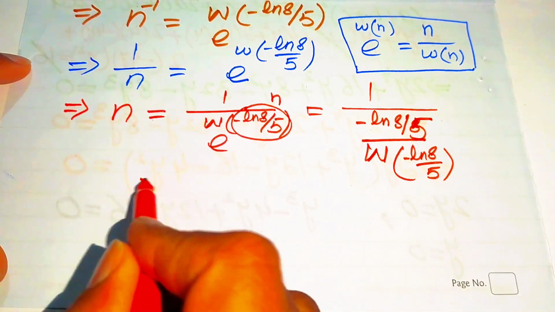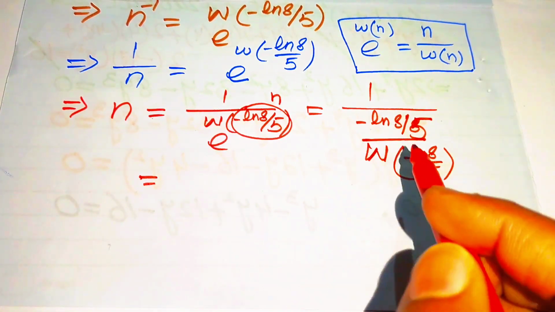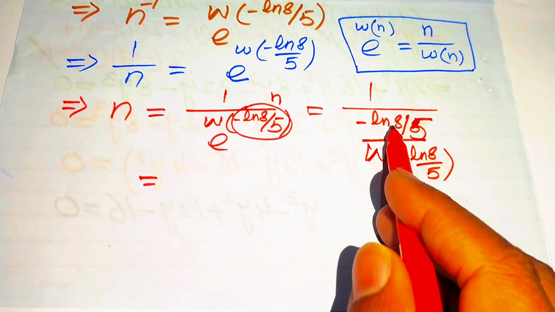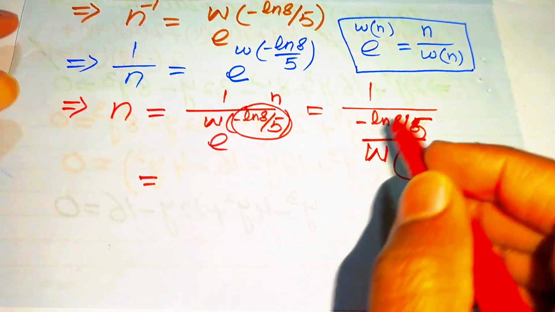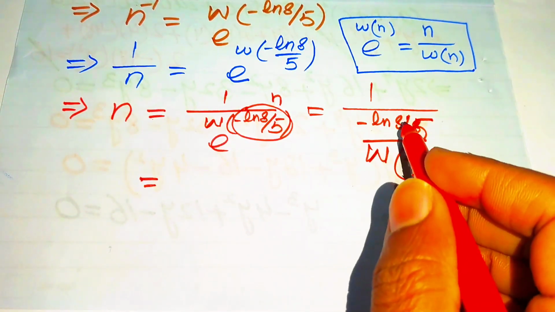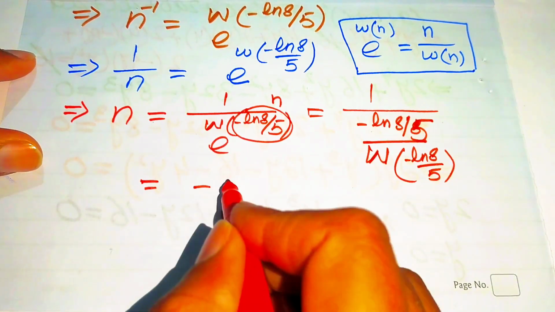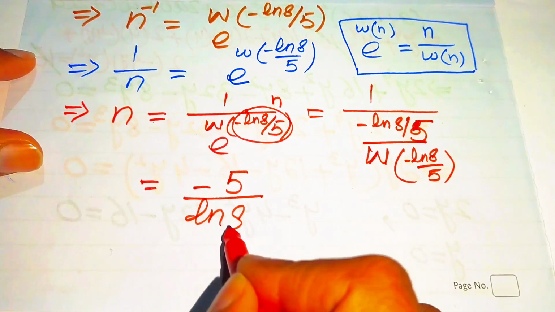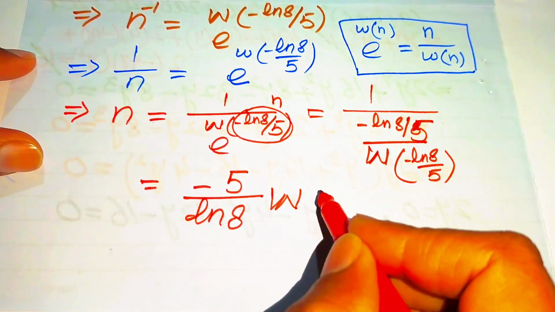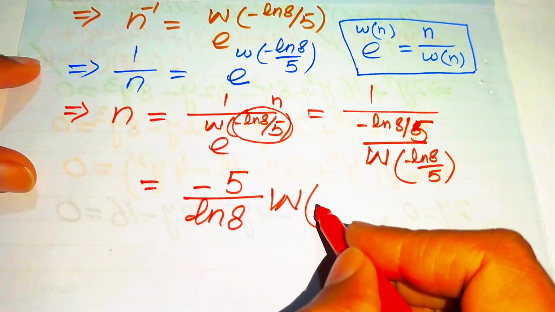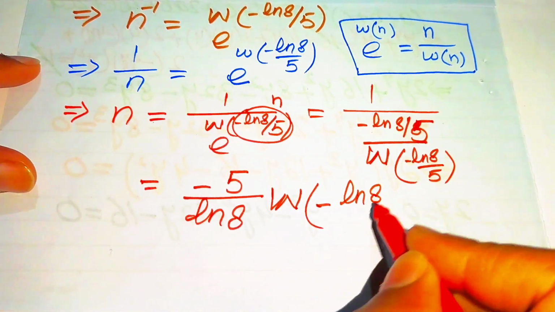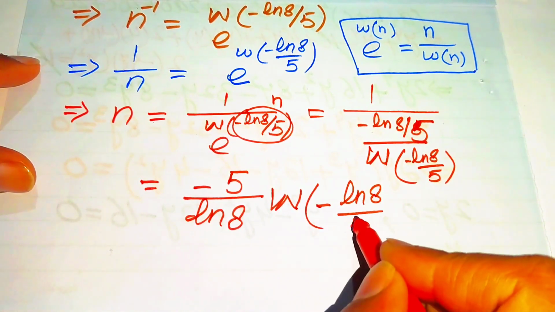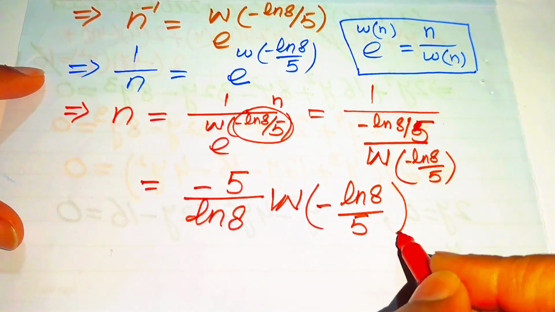We rewrite this equation: because this is minus log 8 over 5, we write this expression as minus 5 over log 8 times the Lambert W function of minus log 8, divided by 5.